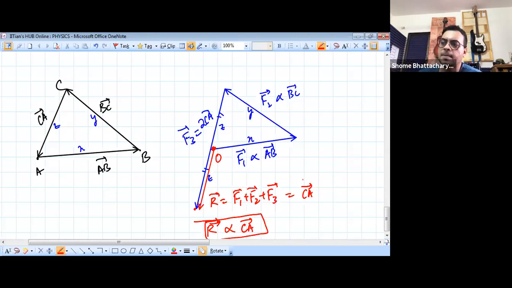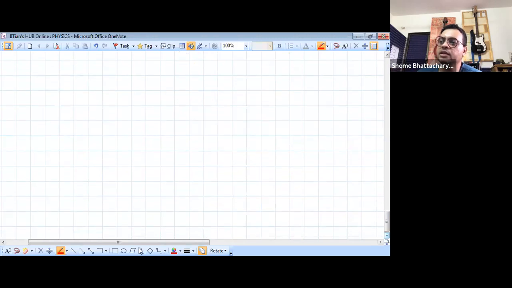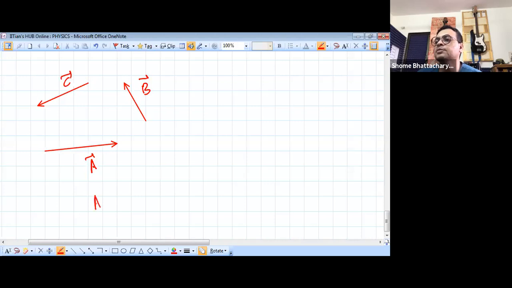You understood, Rahul? Arey, if we are adding any 3 vectors, suppose we are adding 3 vectors which are like this. These are 3 vectors, A, B, and C. So what will be the resultant of A plus B plus C?